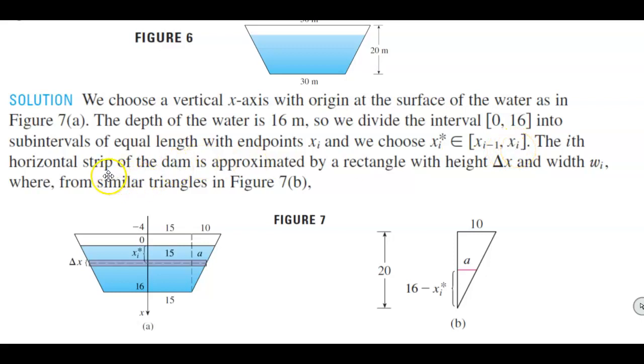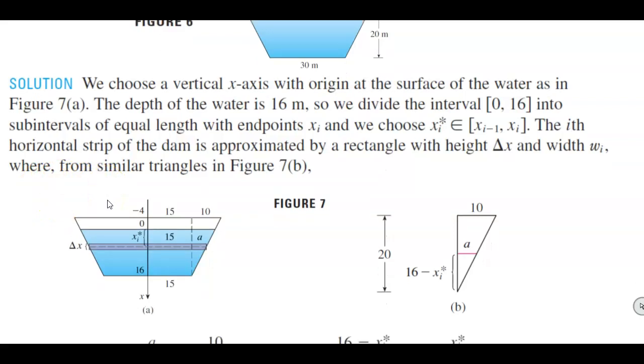Now the ith horizontal strip of the dam is approximated by a rectangle with height delta x and width w subscript i, where we form similar triangles.